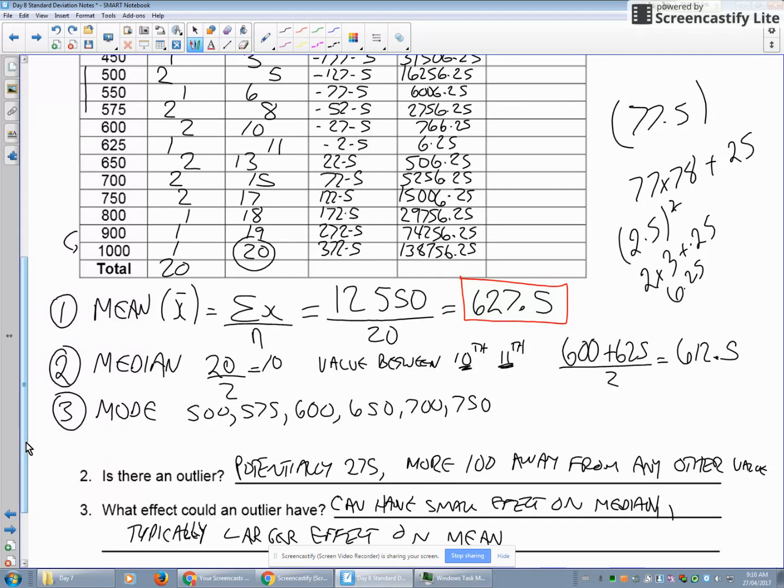Is that right? Yeah. So at this point, we have to add all of these values. The sum of x minus x bar squared.